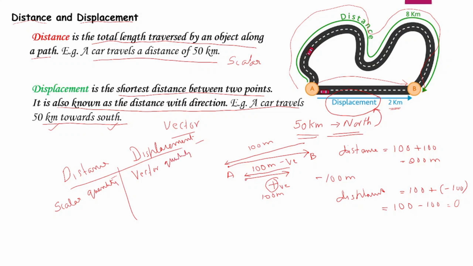We saw that distance cannot be 0, but displacement can be 0 or negative. So these are some of the differences between distance and displacement. Hope it is clear to you.